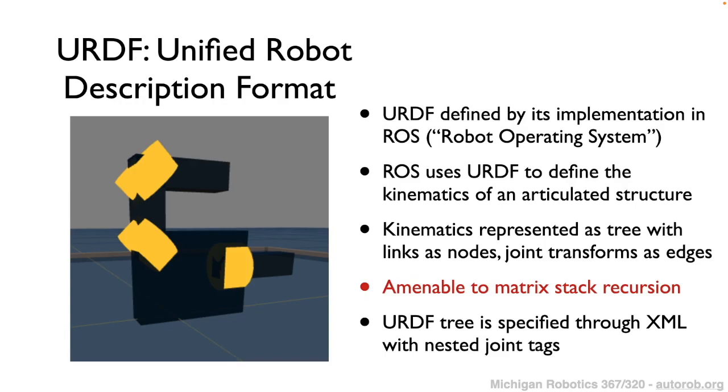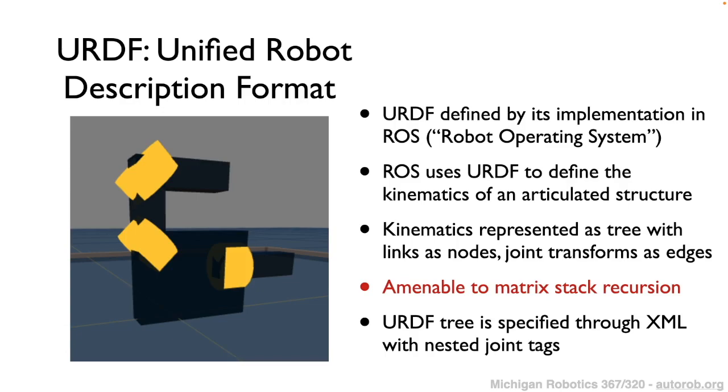And so from a forward-looking point of view, the way that we're actually going to implement forward kinematics is based on this matrix stack recursion technique, where we'll essentially process through the tree, iterate down the branches of the tree, and along the way we'll perform matrix operations to actually perform the forward kinematics.